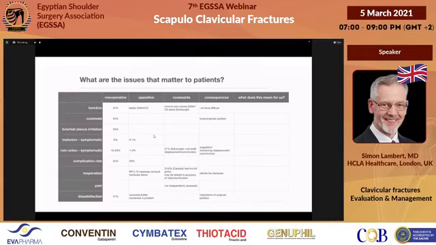Why do people with non-operative treatment become dissatisfied with their outcome? Well, it's to do with the shape of the shoulder and to do with the irritability of the brachial plexus. When the scapular position is displaced or abnormal at rest and during movement, and we've heard about the importance of scapular posture and movement with acromioclavicular joint dysfunction.